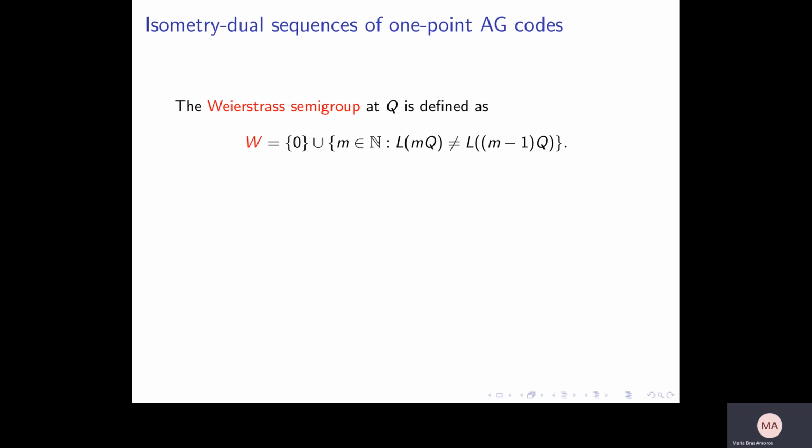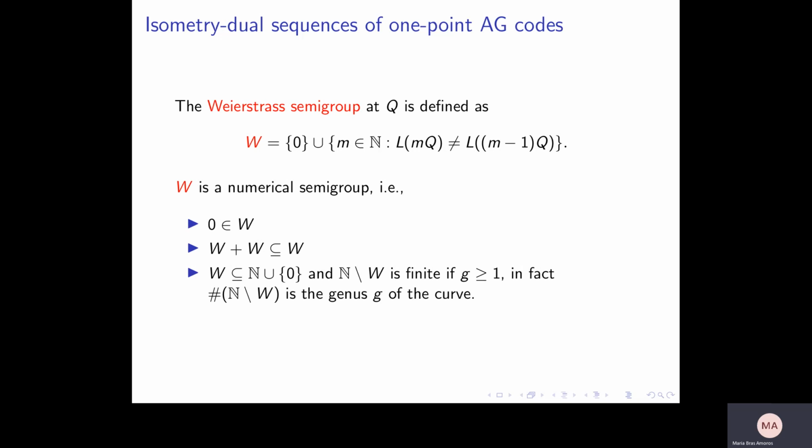The Weierstrass semigroup at Q is defined as the set of positive integers m such that L of mQ is different than L of (m-1)Q. To this set we add the 0.